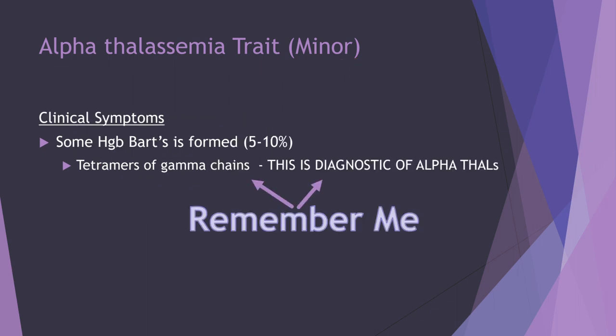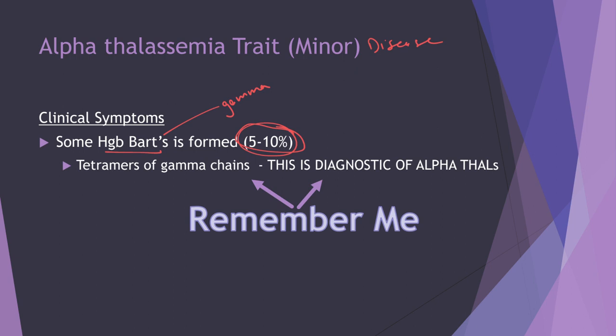So in alpha thalassemia trait, minor or disease, however you want to say that, you could see a small amount of hemoglobin Barts, and remember this is the tetramers of gamma. It's going to be in a small amount because a patient can be an adult with alpha thalassemia trait, okay?